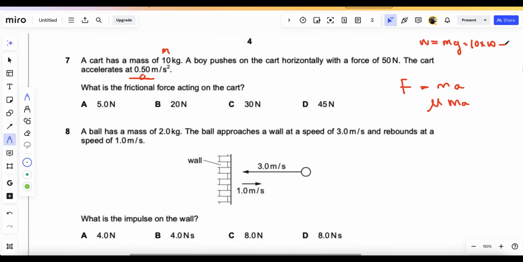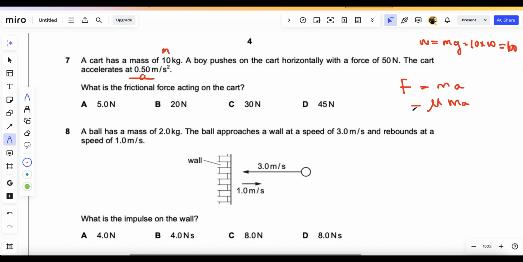There is an acceleration of 0.50. So let's substitute it into this formula.